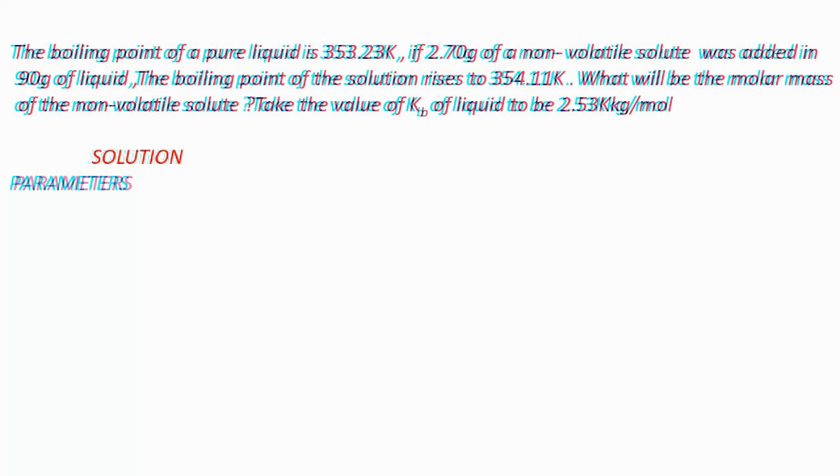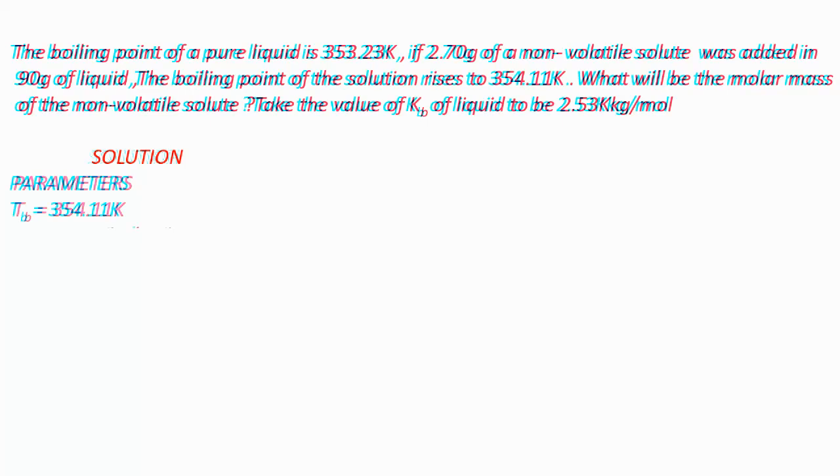If 2.70 gram of a non-volatile solid was added in 90 gram of liquid, the boiling point of the solution rises to 354.11 Kelvin. And according to boiling point elevation, our TB is the boiling point of the solution, and here the question said the boiling point of the solution rises to 354.11 Kelvin. So that's our TB.